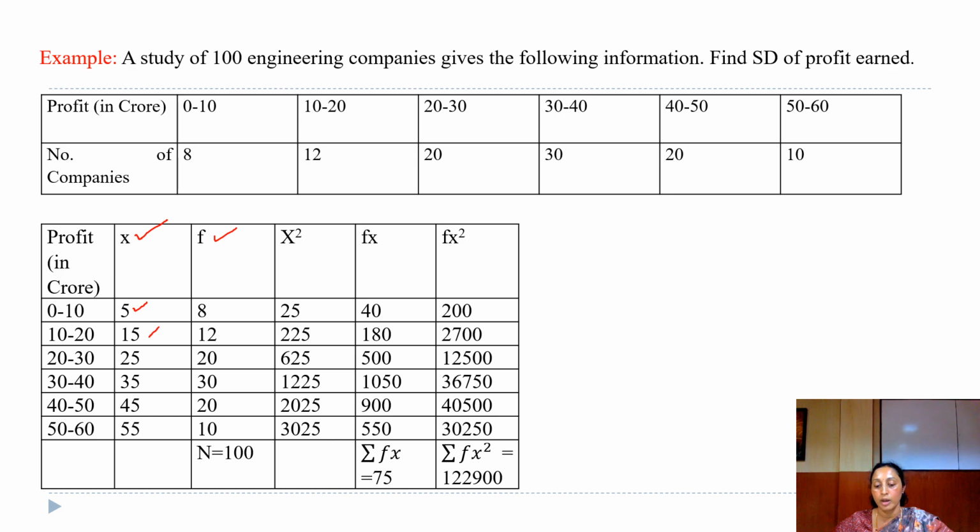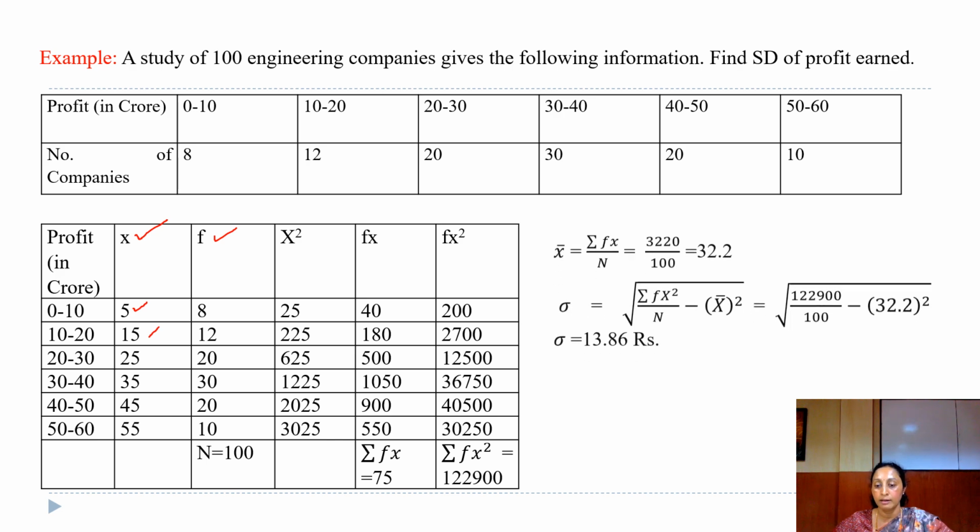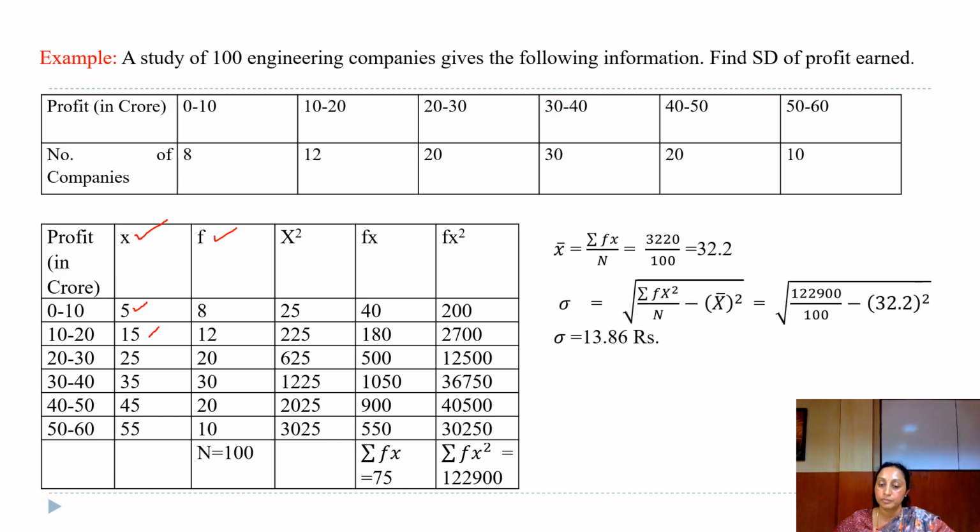Then we shall total the f into x values and the f into x square values, and use the formula x bar is equal to total of fx divided by n. This gives us the average profit of the companies: 32.2 crores. Now let us find the standard deviation using the formula root of (f into x square divided by n) minus x bar whole square.